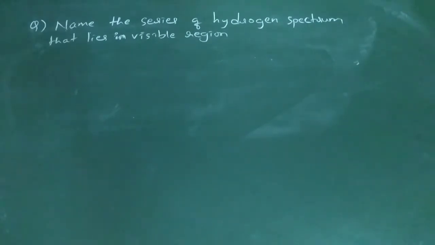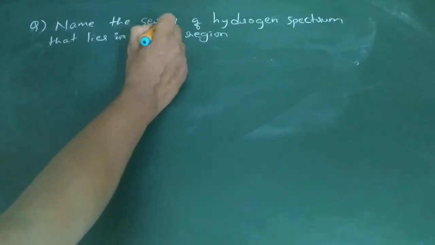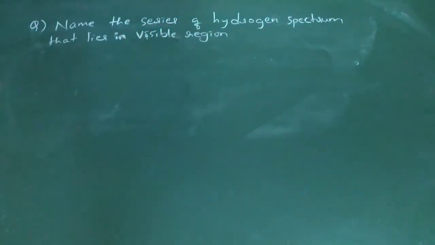You know this is not invisible, this is the visible region. So you must know, I've just revised what are the spectrum series which are available for the hydrogen atom.